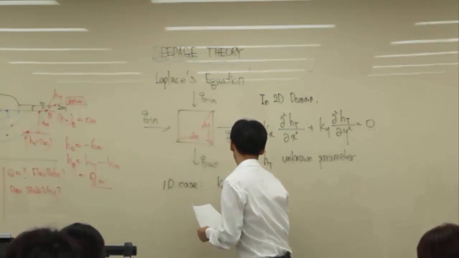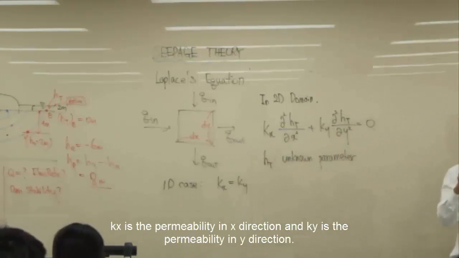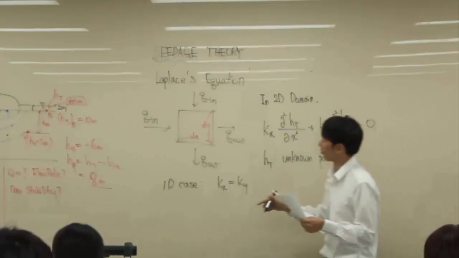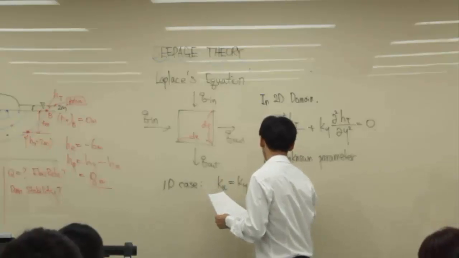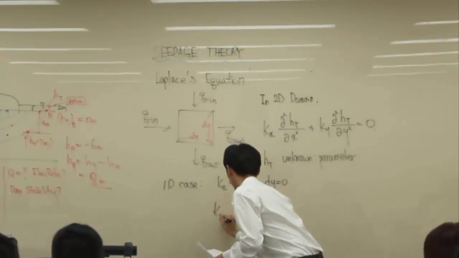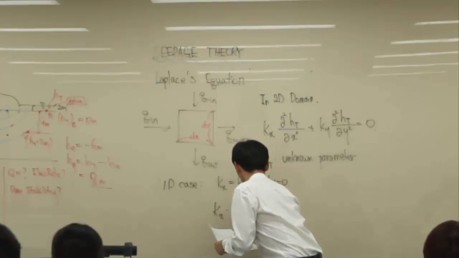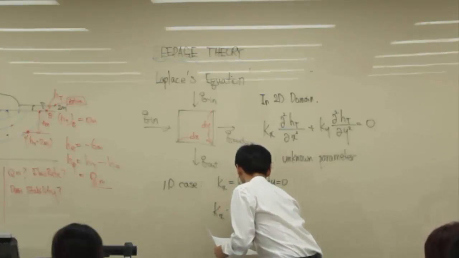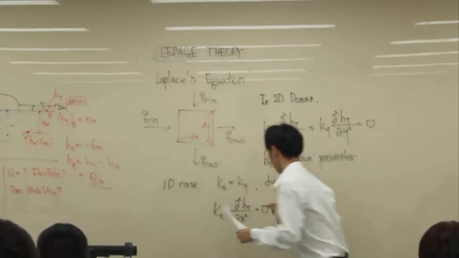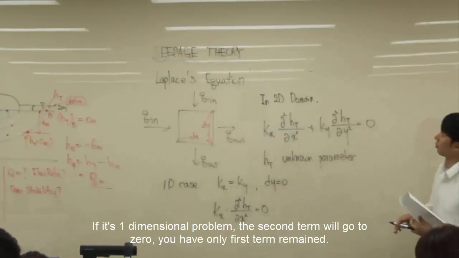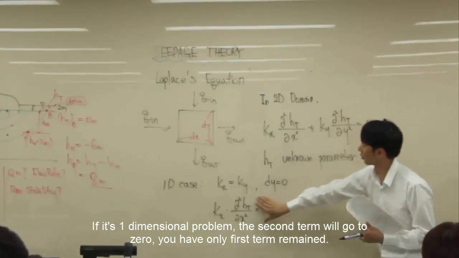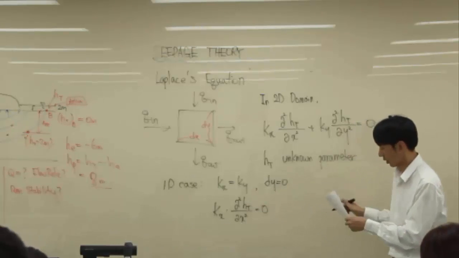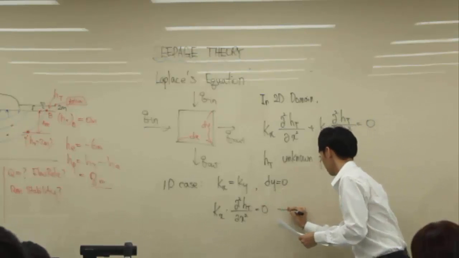By the way, Kx is the permeability in x direction, and Ky is the permeability in y direction. When this is a 1D case, dy is 0, so if this is a one-dimensional problem, then the second term will go to 0. So only the first term remains, and you solve it.